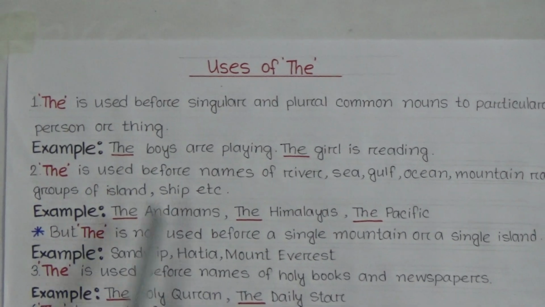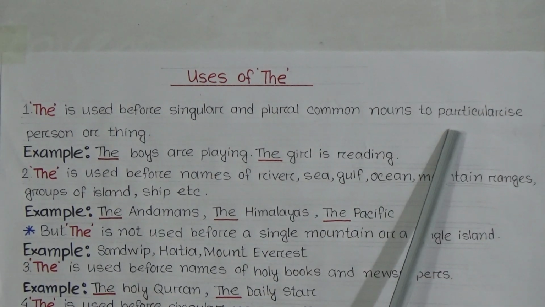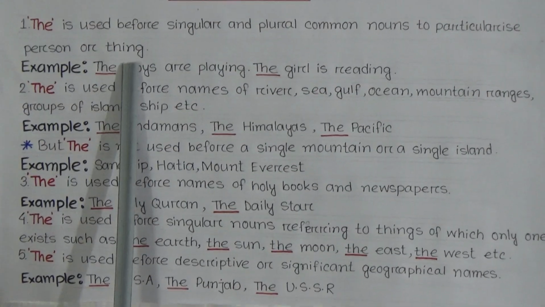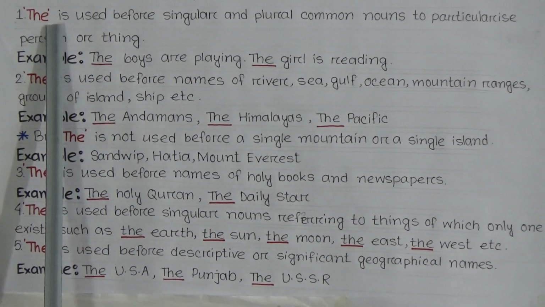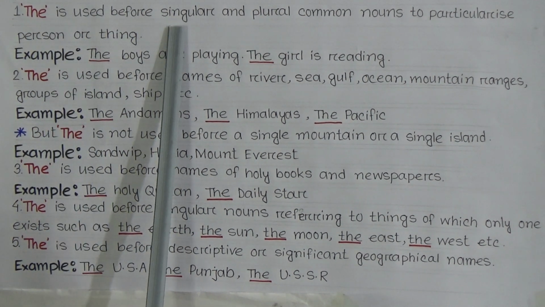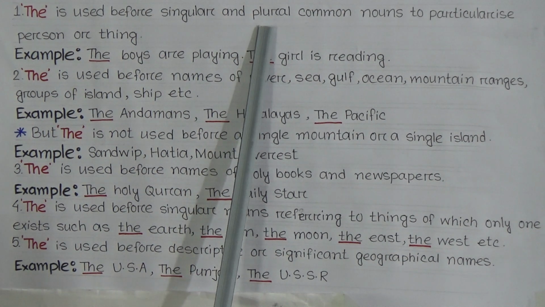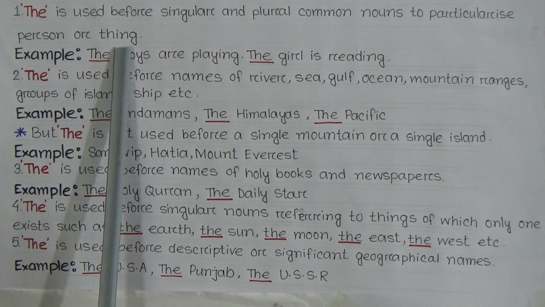Number 1, the is used before singular and plural common nouns to particularize a person or thing. So first, why will we use the? We will use the before singular, that means only one thing, or plural, that means many things, common nouns, to particularize a person or thing.